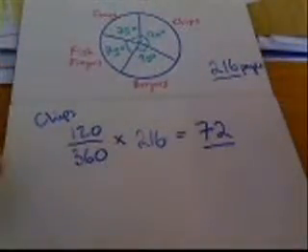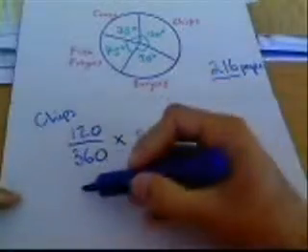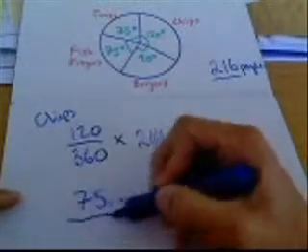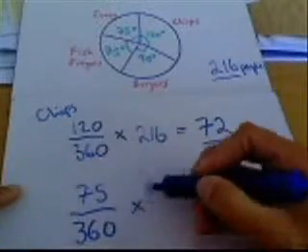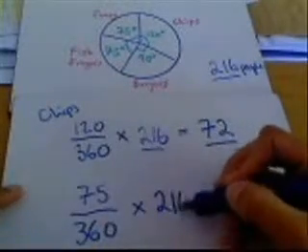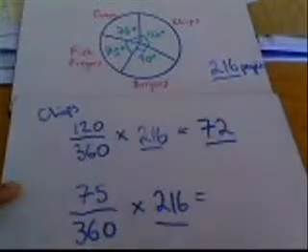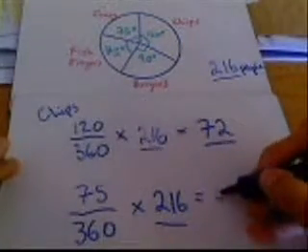If we did this again for fish fingers, we do exactly the same thing. So if the slice of the pie for the fish fingers is 75 degrees out of 360 degrees, then we need to multiply that by the total number of people in the pie, 216, and that equals 45 people.